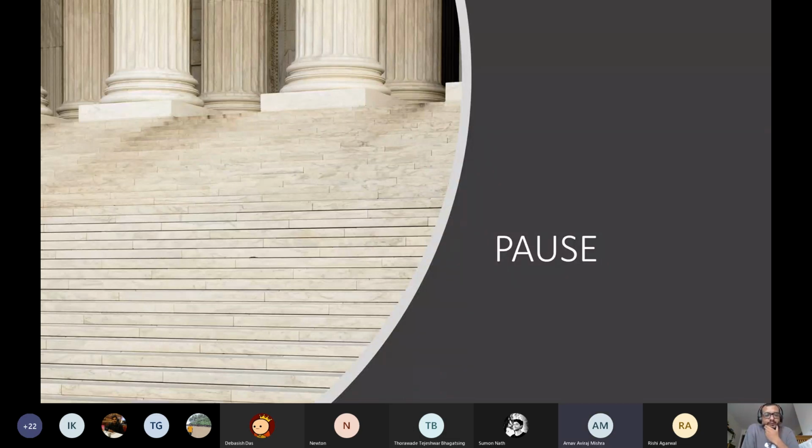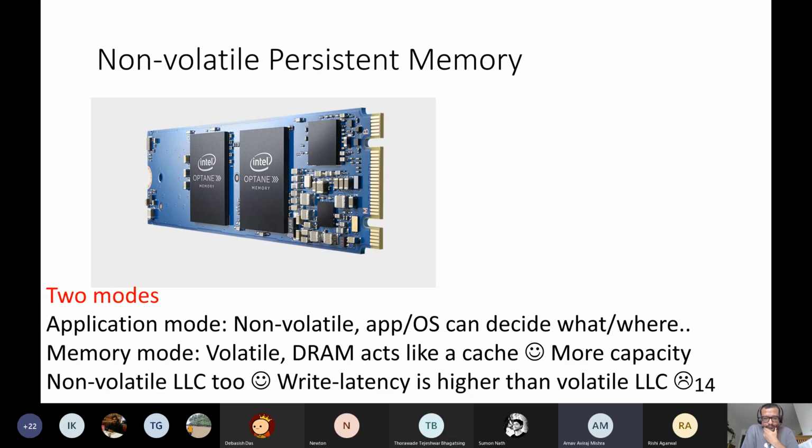In case of the Intel Optane, is it a static decision to make the Optane volatile or non-volatile, or is it dynamic as per the applications? No, there are two modes available for you to decide as a programmer.